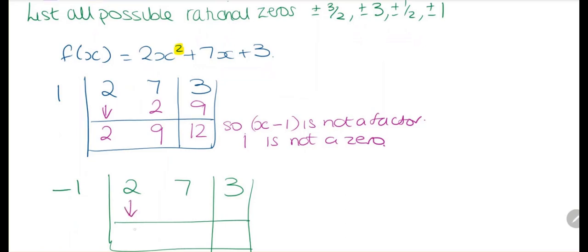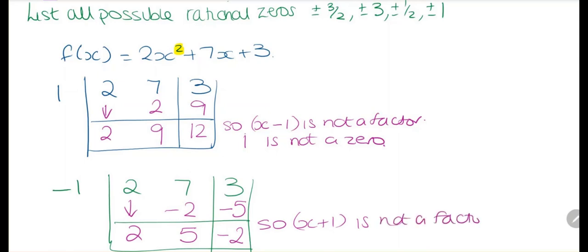So bringing down the 2, 2 multiplied by minus 1 is minus 2, 7 minus 2 is 5, 5 multiplied by minus 1 is minus 5, and this is minus 2. Remainder is not 0, so x plus 1 is not a factor. Okay, so this is how we could test to see if we have any zeros.